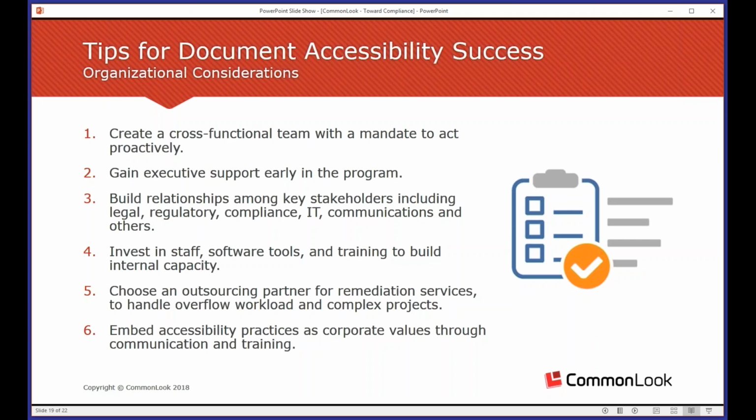Invest in the people and the tools to be able to do it right. And when outsourcing, be sure to do your research and choose a partner who really knows their stuff, especially when it comes to the complexities of PDF. Finally, embed the need for accessibility into your corporate values so that everyone understands the need and everyone is on board.